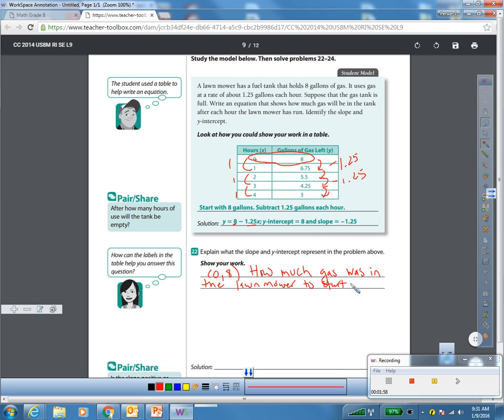And then the slope in this case would be negative, since we're using the gas, it's going down, 1¼ gallons. And this would represent how much the gas decreases each hour.